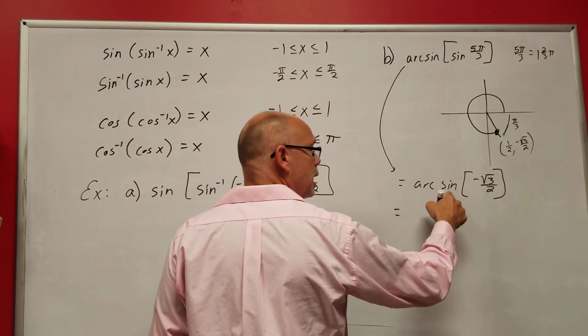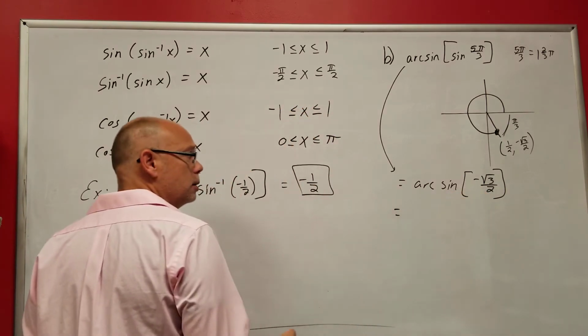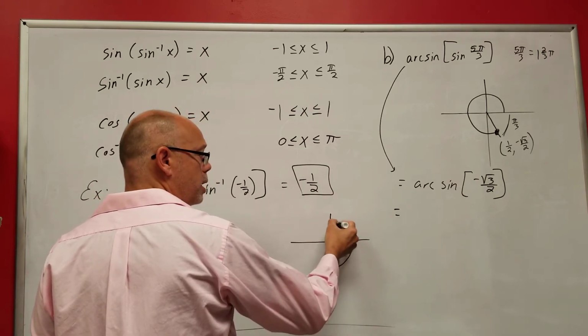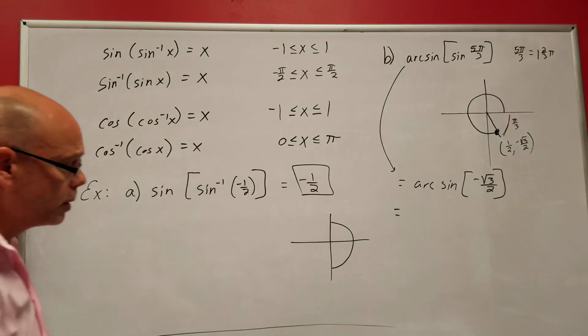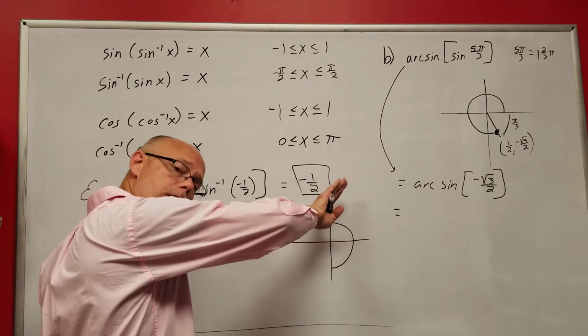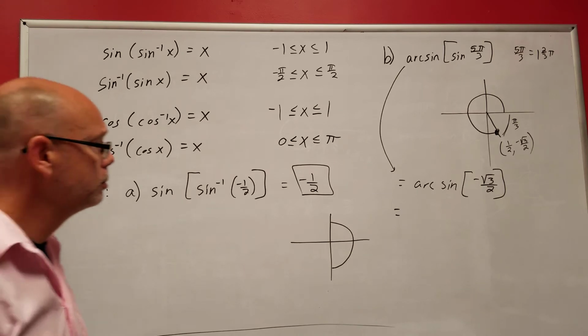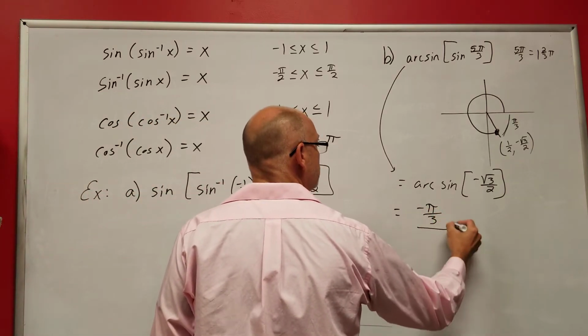This means give me the angle whose sine is negative square root of 3 over 2, but that angle needs to fall between -pi/2 and pi/2. So give me the angle that falls between -pi/2 and pi/2, whose sine is negative square root of 3 over 2. Well, that angle would be -pi/3.